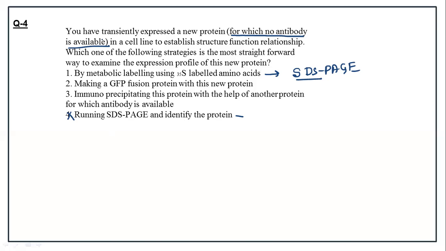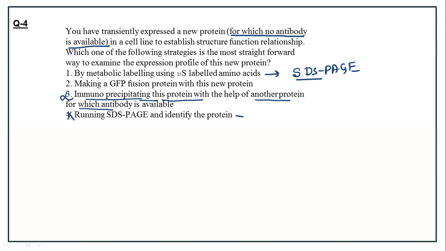Now, metabolic labeling with S35-labeled amino acid, in case of immunoprecipitating this protein with the help of another protein for which an antibody is available. Now for immunoprecipitation you also need an antibody, right? So this also cannot be correct because the antibody is not available.